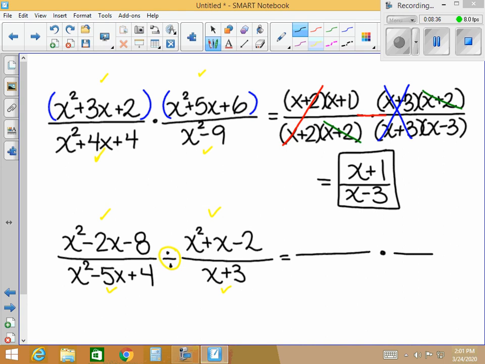Some of you can do that all in one step. Some of you need to do it in two steps, whatever you need to do. So we need to factor top left, bottom left, and the top right needs factored, but it'll end up on the bottom under the x plus 3 when we're done. Okay, so pause, factor, turn it back on when you're ready.